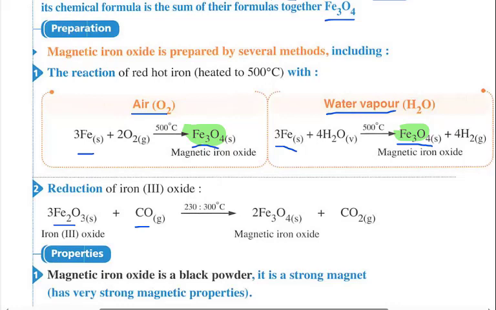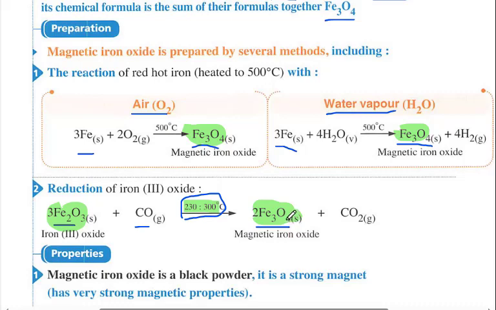If the temperature is from 230 to 300, the reduction of ferric oxide will produce magnetic iron oxide. So magnetic iron oxide is the product of the reduction of the higher oxide, iron 3 oxide, by carbon monoxide or hydrogen. You have to memorize the temperature here, 230 to 300.